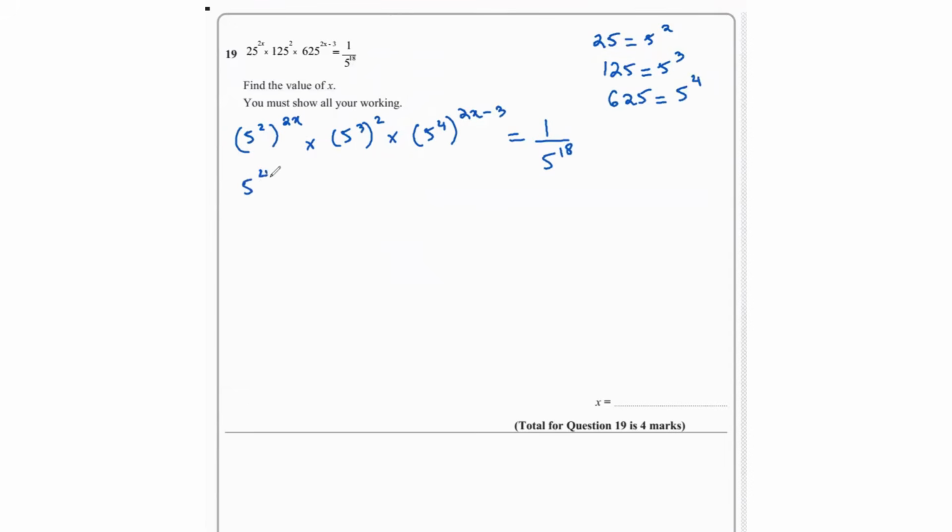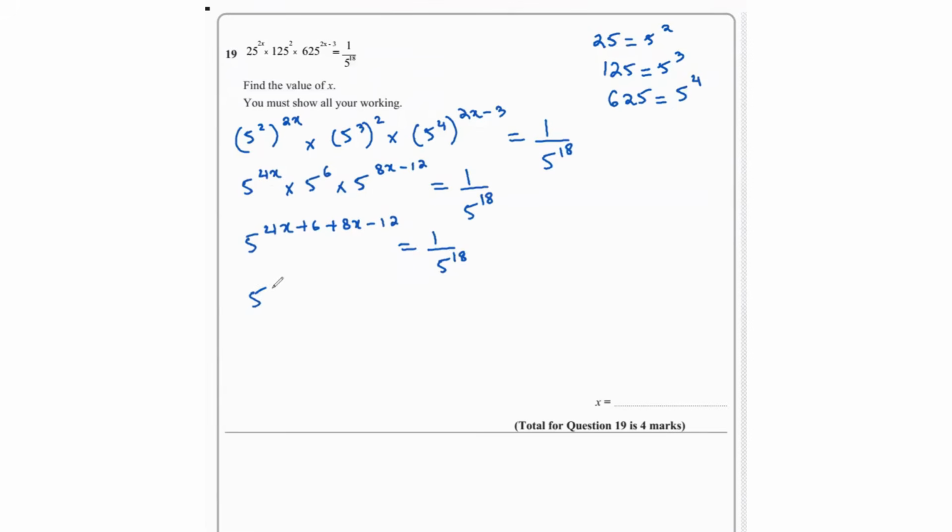That's 5 to the power of 4x times 5 to the power of 6 times 5 to the power of 8x minus 12. Now, whenever we have similar bases being multiplied, the base being 5 over here, we add the powers. So we're going to do 5 to the power of 4x plus 6 plus 8x minus 12 equals 1 over 5 to the power of 18.